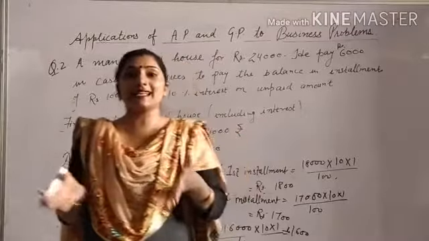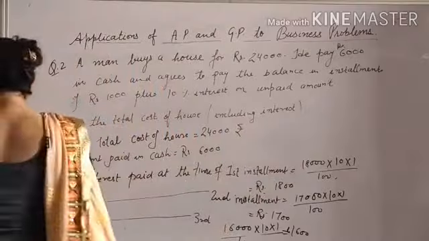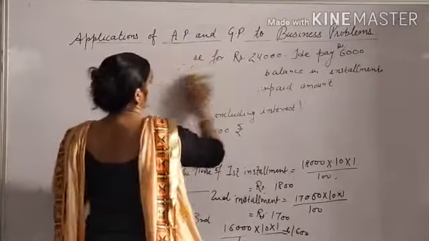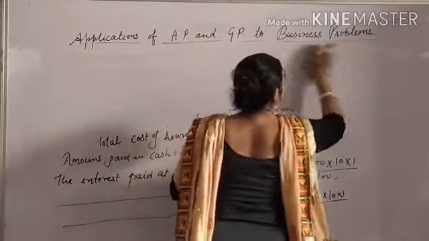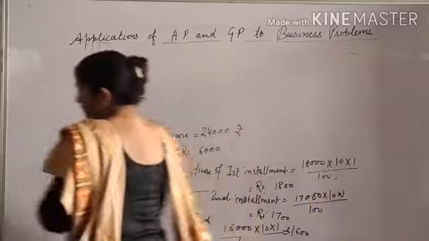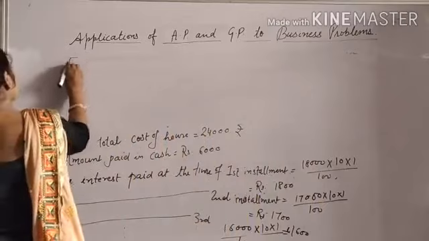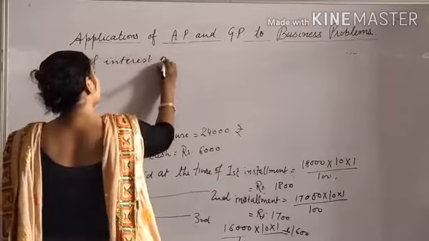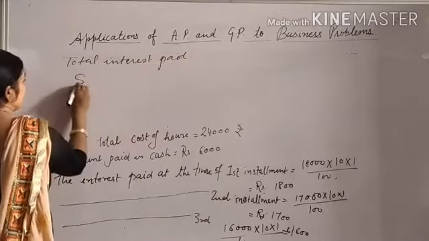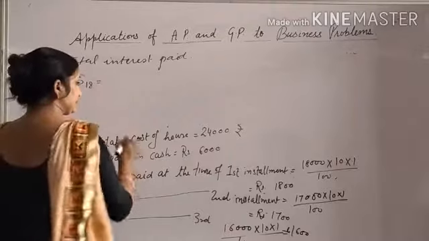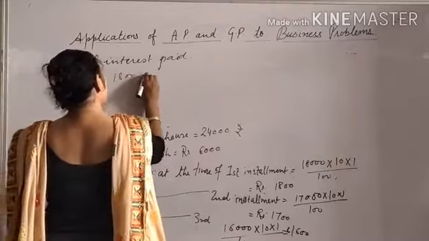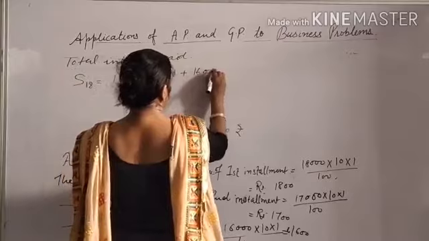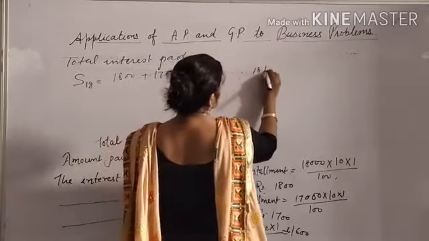So the total interest paid is S18, which is equal to 1,800 plus 1,700 plus 1,600 and so on up to 18 terms.